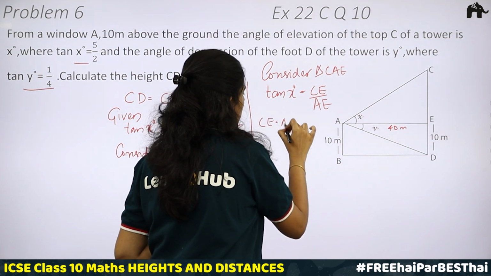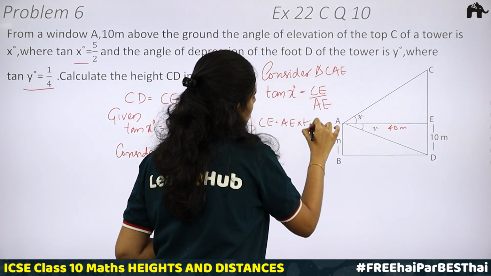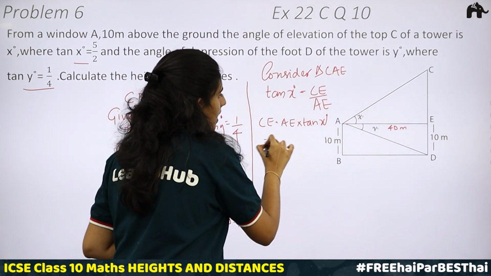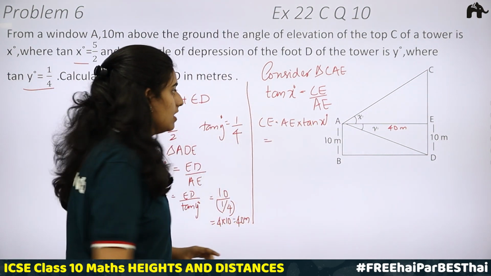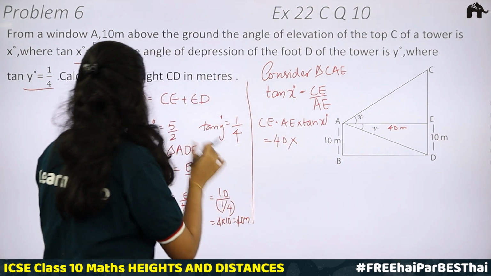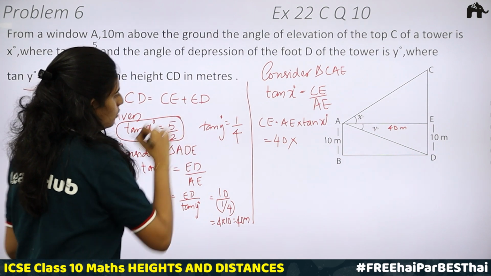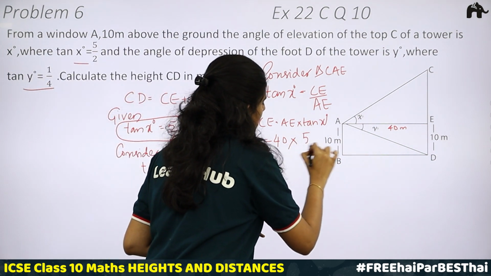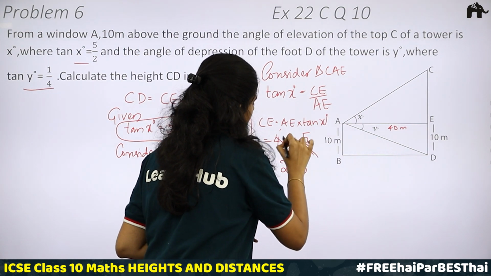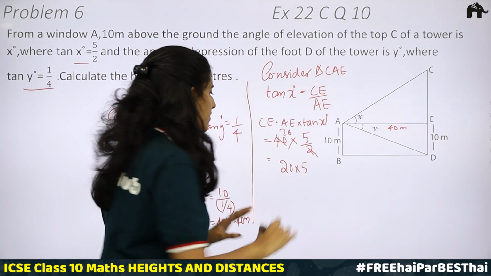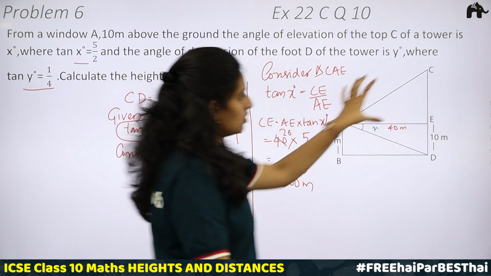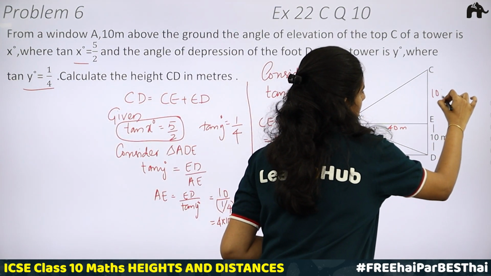CE will be equal to AE into tan x degree. AE we have determined, which is 40, into tan x degree is given, tan x degree is equal to 5 by 2. This becomes 20 into 5, and that is 100 meters. So this part CE is equal to 100 meters.